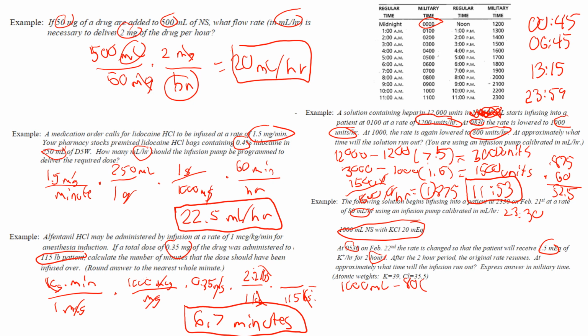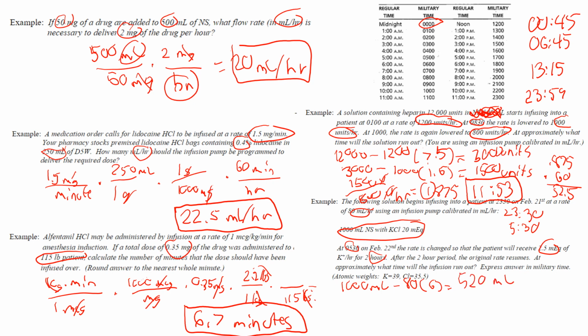So it's what we subtract, then we multiply that by the time difference. So we have 23:30, and then that goes to 5:30 in the morning. The difference between this is 6 hours. Since this is milliliters per hour, it's just that. And so what we find is that 1,000 minus 80 times 6, we get 520 mils left in that bag.